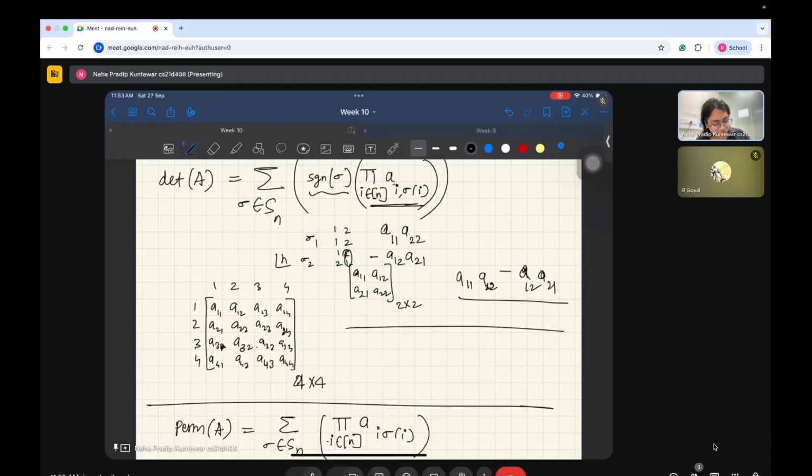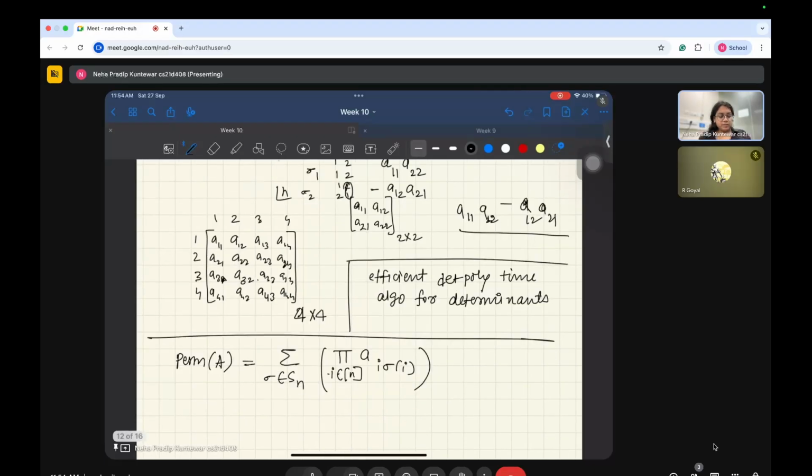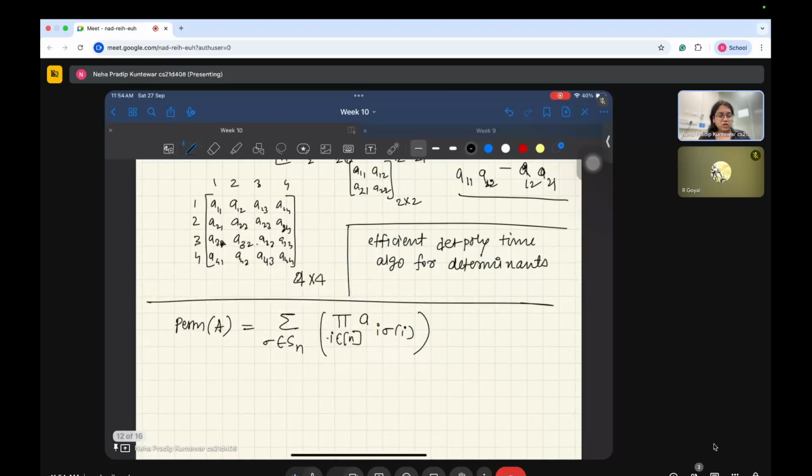Is it n to the 4 or something? Anyway, there are efficient deterministic polytime algorithms for computing determinants. I don't recall at the moment, but if you google it you will get it.